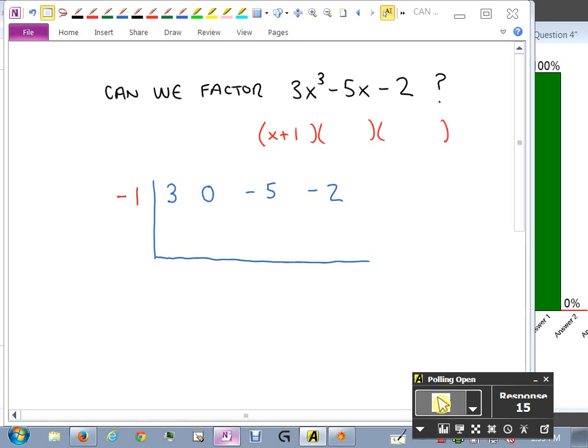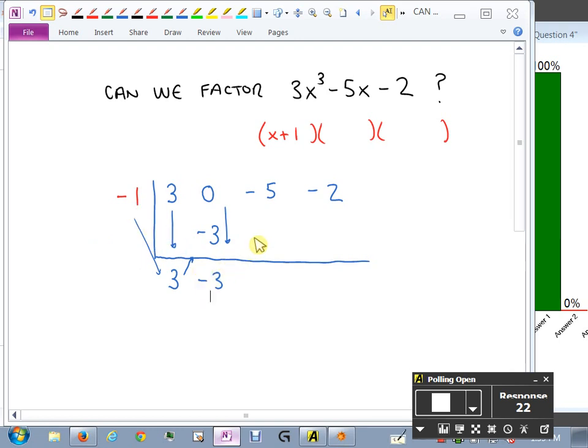All right, that's encouraging. So now what I'm going to do is do the synthetic division. So I bring the 3 down, right? That's 3 here. I multiply and bring that up and put -3 there. Then what? Add down again. That gives me -3. And then multiply -1 times -3.